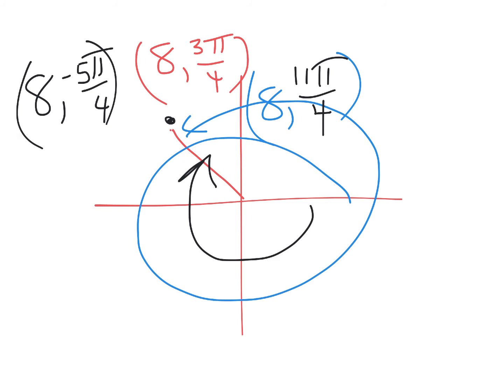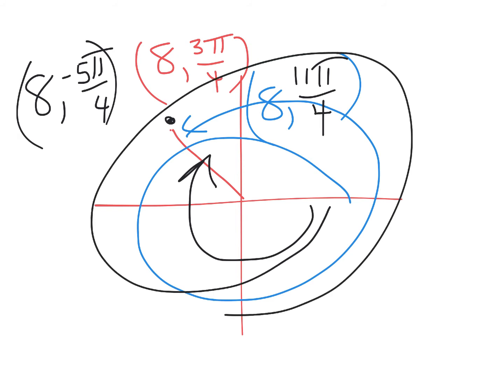That one was already up there, negative 5 pi over 4. So what's another way to do that? Go all the way around and past it and come back to it. Okay, would you agree that going all the way around once would be negative 8 pi over 4?